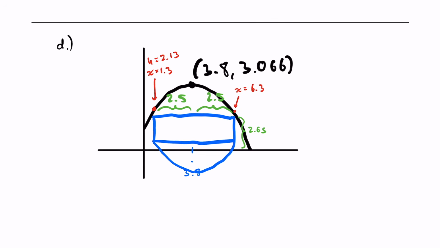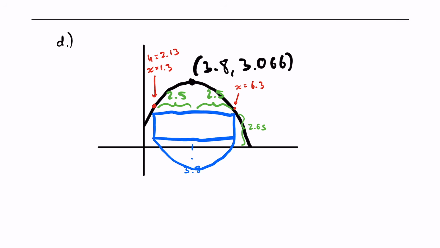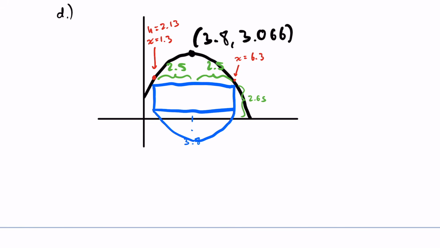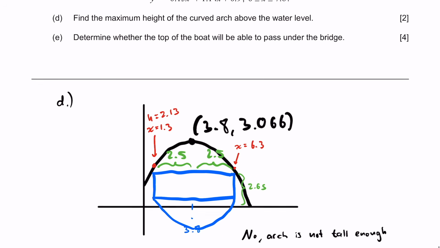So in the end, this arch actually has a lower height than this boat itself. So the boat will actually not pass through. So what we can say is, no, the arch is not tall enough. Or we could say that the boat will not pass through.